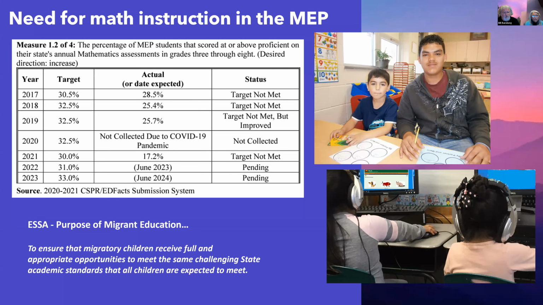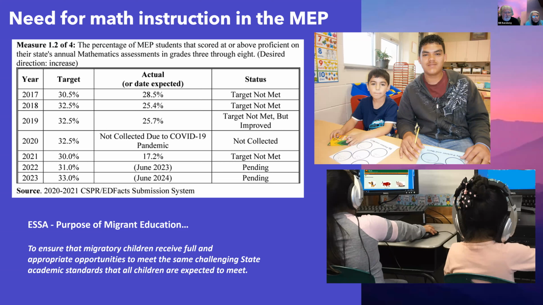The latest data we have is from 2021, and what it shows, and this shows the real need, is that only 17.2% of migrant students nationally are proficient in math. So it's clearly a very critical need, and there's a need for resources specifically designed for migrant education.